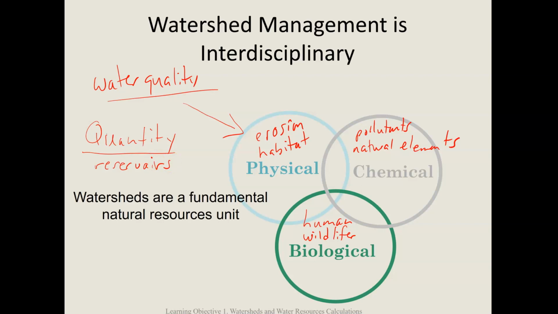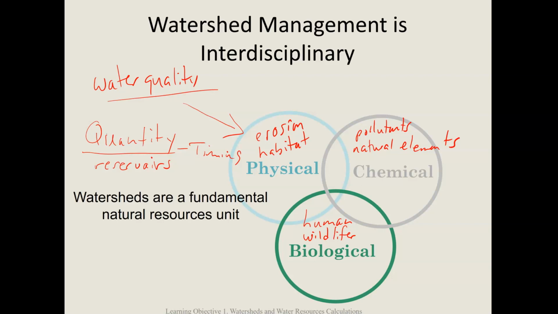Through reservoirs, we can actually stop that movement of water, store it, and then use it for a different time period. So quantity and the timing of water is something that we oftentimes manage watersheds for.